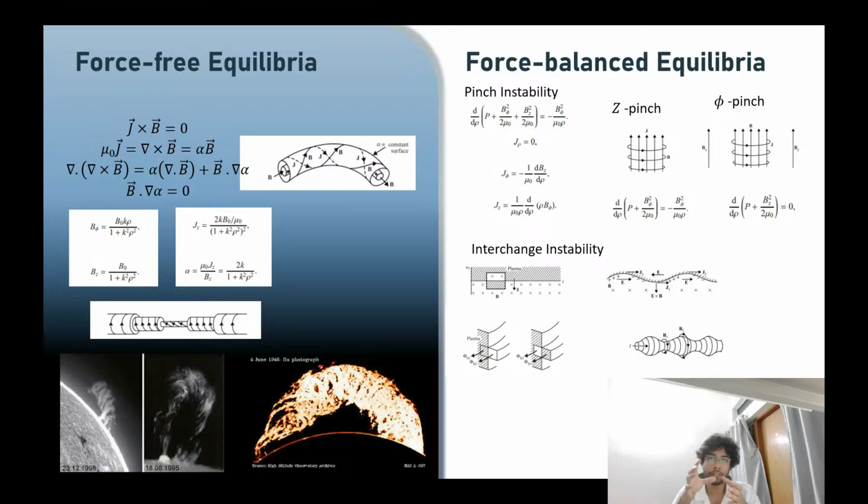So you have this current, which is held by these magnetic field lines, similar to what has been shown in this figure, right? And this is what is called the Z pinch. Okay, and if you perturb the system, this will lead to what we call the pinch instability.